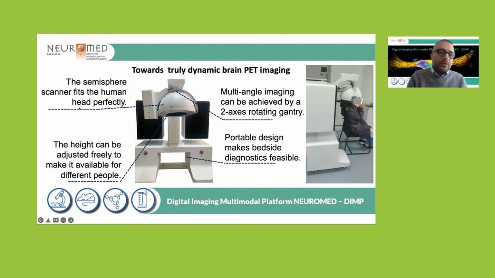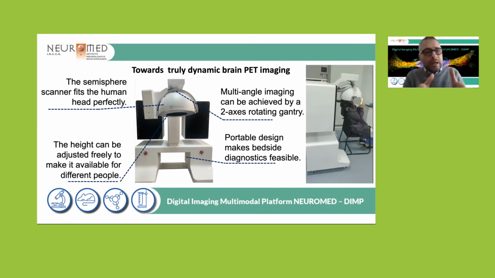The hemisphere scanner fits the human head perfectly. The height can be adjusted, so the patient can sit, but can also stand, and can move freely while taking a PET image. Multi-angle imaging can also be achieved by rotating the gantry, and the device is fully portable and can follow the patient.